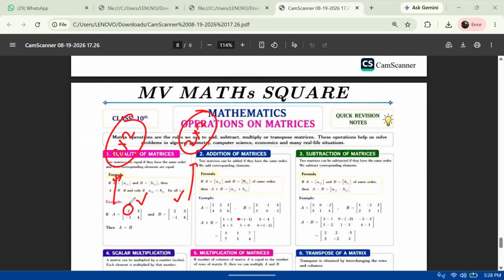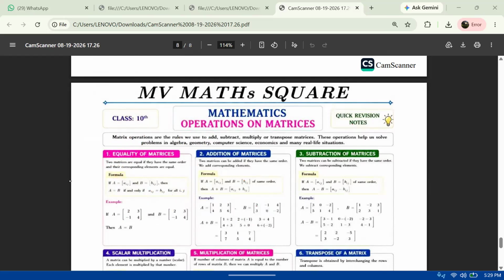The element in the second matrix at the same position. These two are same, and in the similar way, the elements at each of the other positions are same. Then we can say that these two matrices are equal.